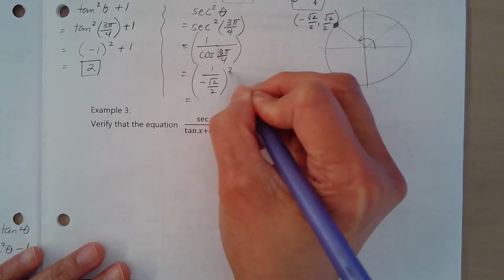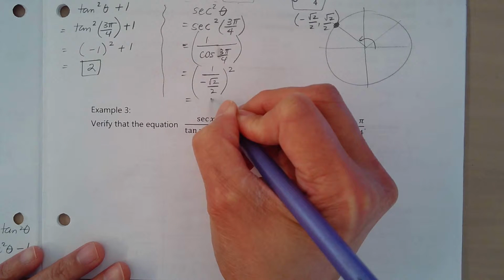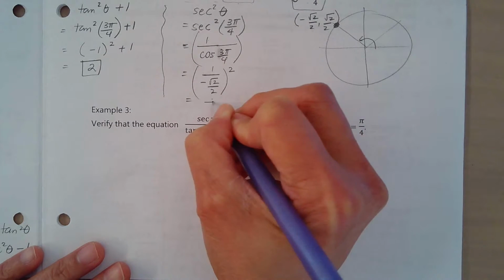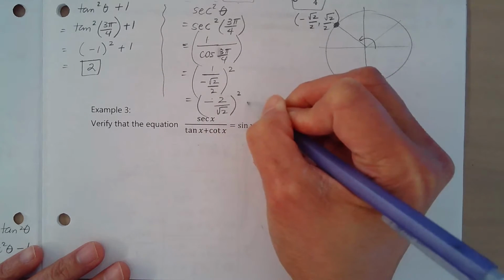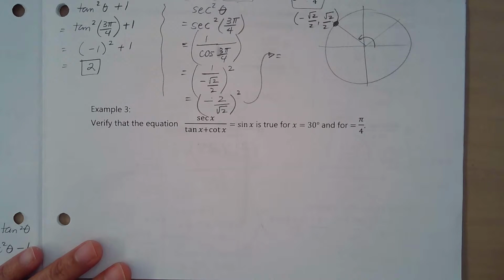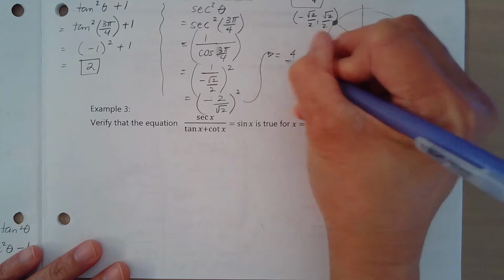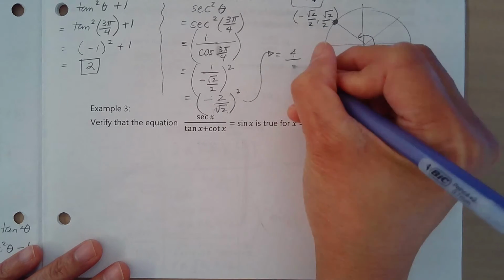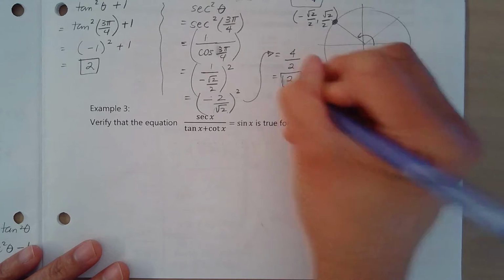it's a square. This is going to be reciprocal. It's going to be negative 2 over root of 2, squared. So when we square that, that's going to give us 4. And when we square the 2, it's going to be 2. So it's still going to be equal to 2.